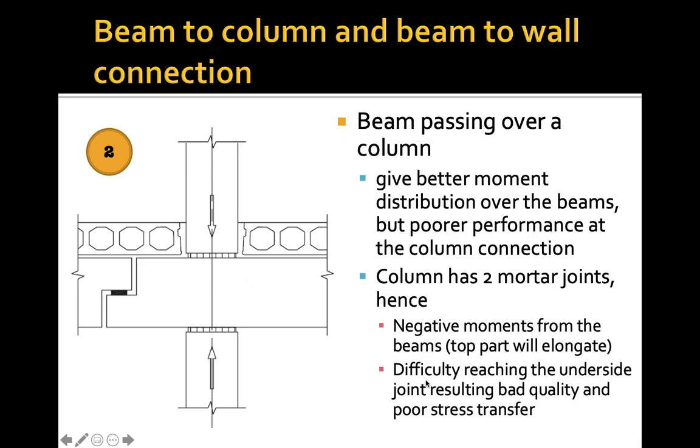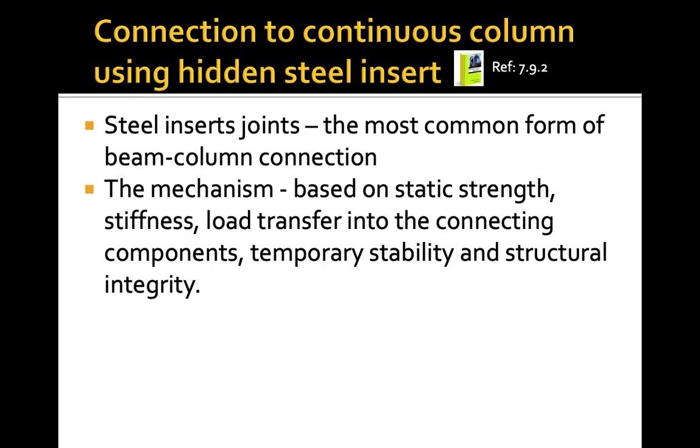It will also experience difficulty reaching the underside joint, which results in bad quality and poor stress transfer. So we are going to have joints like this, which will be quite difficult to maintain. Therefore it could result in poorer quality of the connection.